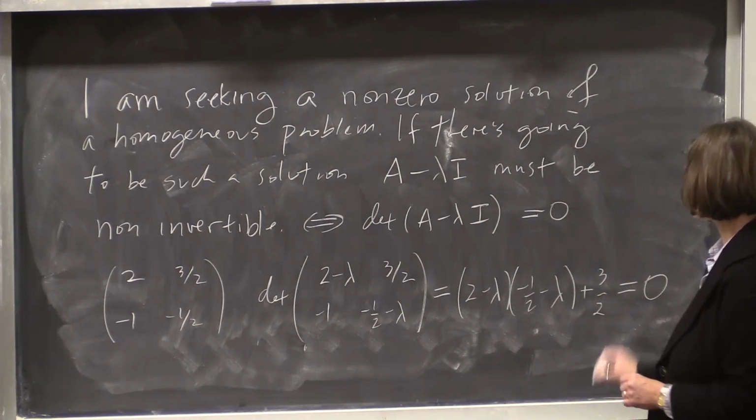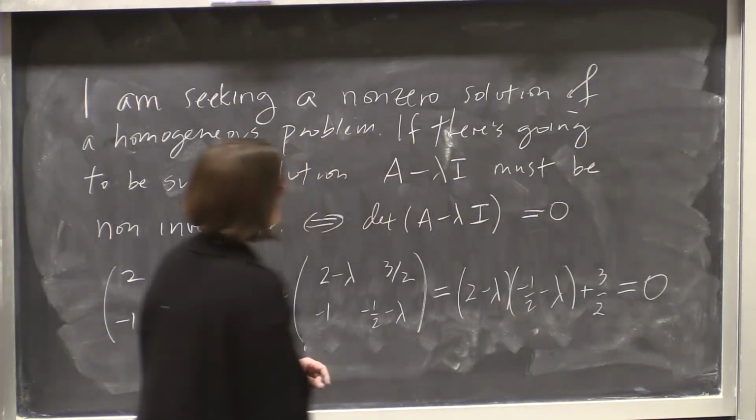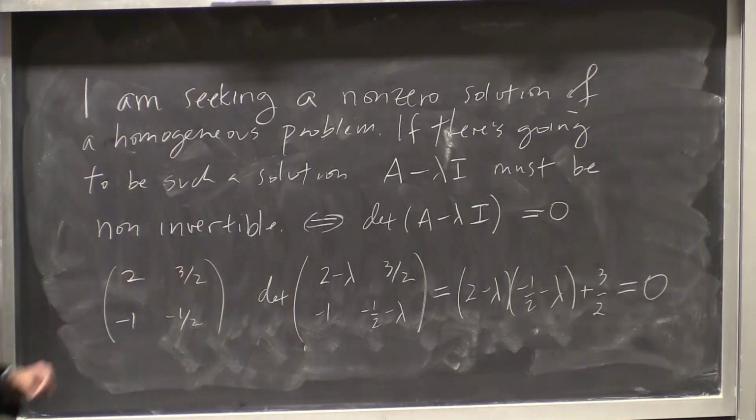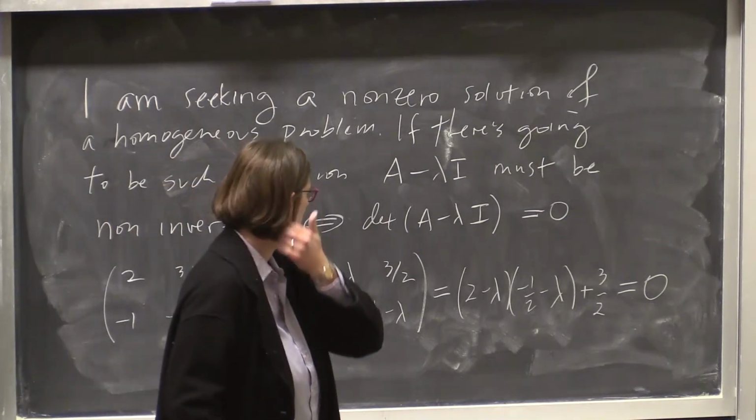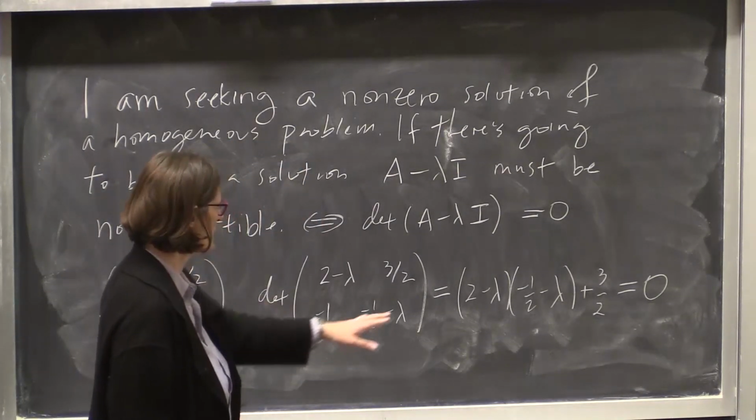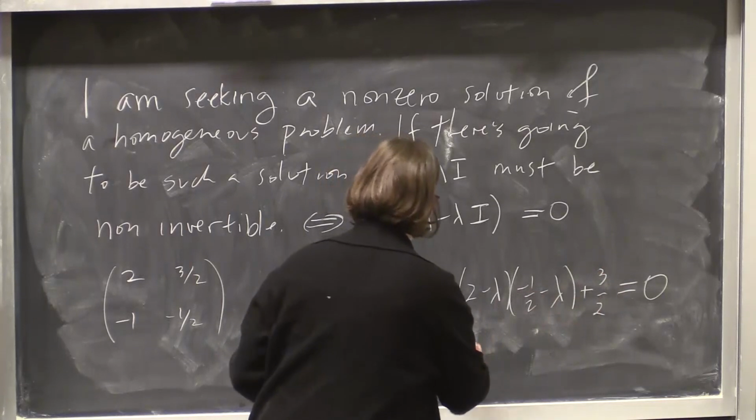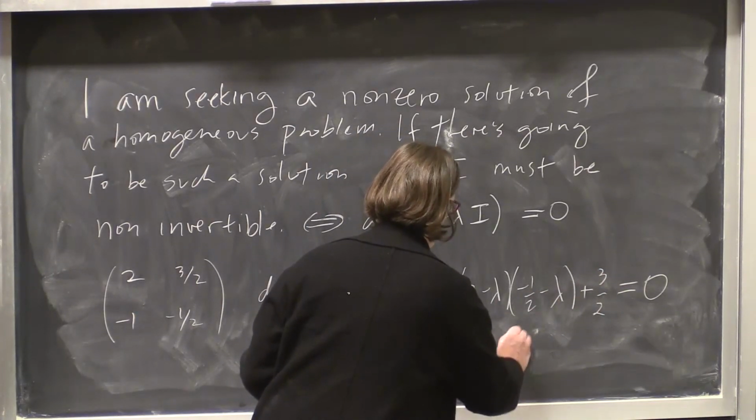I want this to equal 0. What kind of equation is that in lambda? Quadratic. How many solutions is it going to have? 2. And you can check that, solve it out, and you're going to get that lambda has to be 1 or 1/2.